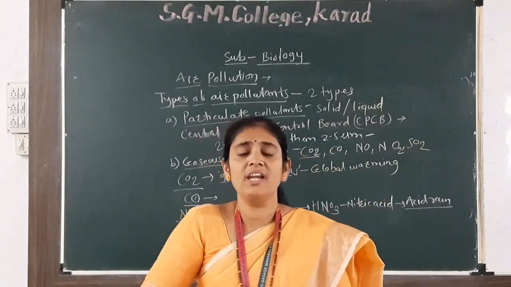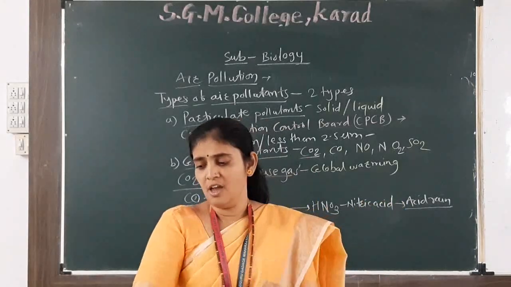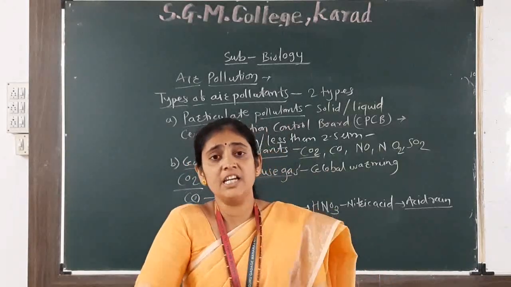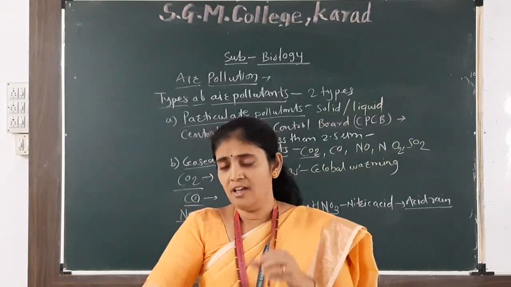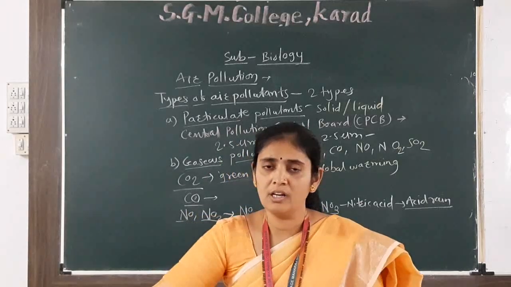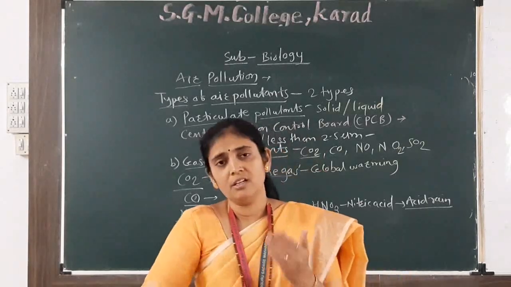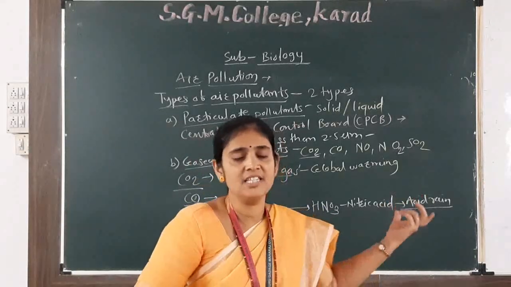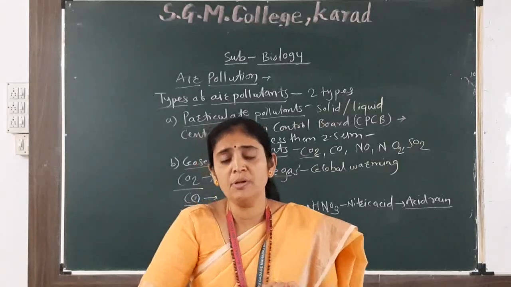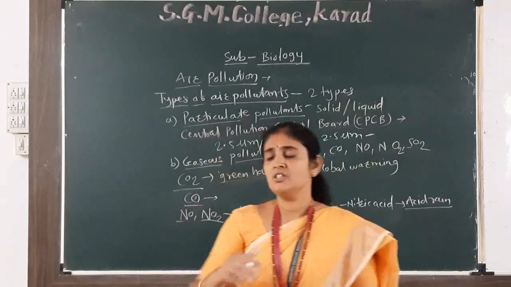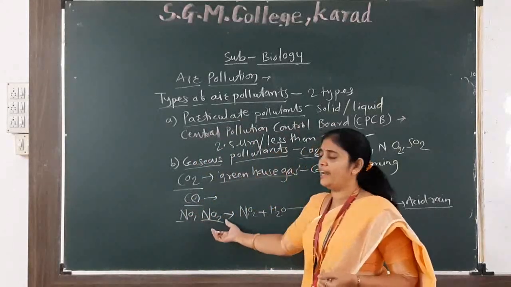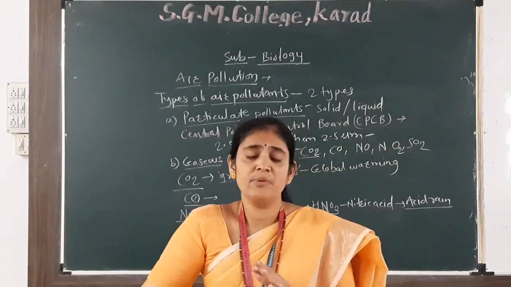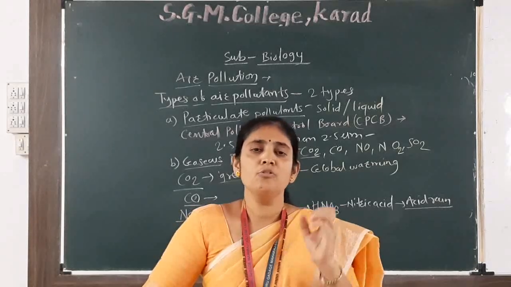That rain is called acid rain, which has a very harmful effect: it causes irritation to our eyes and lungs, and it affects the lungs, liver and kidneys. So due to the presence of nitrogen monoxide and nitrogen dioxide in the air, it causes acid rain and becomes very harmful to the human body.